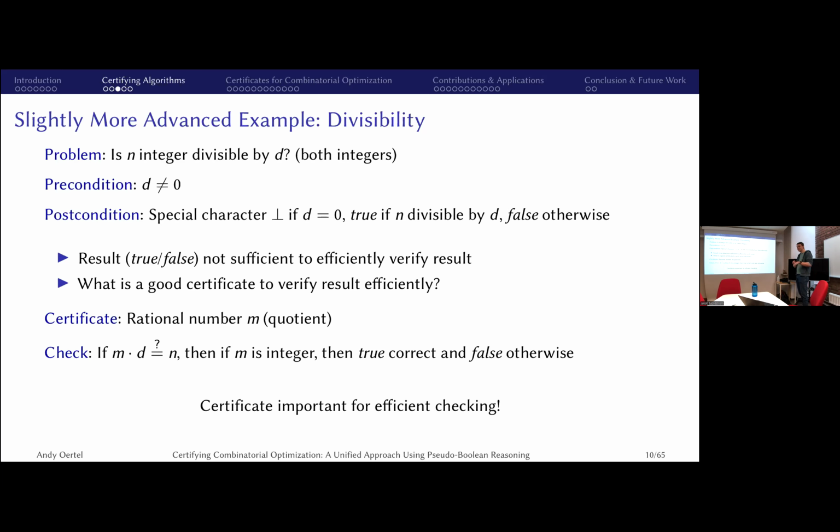So this is a simple example where it is handy to have a certificate. We will see later that for decision problems where you just get the output true or false, it is generally always a good idea to have a certificate where you can see the reasoning done by the solver, or have more information to make the checking process easier for you.